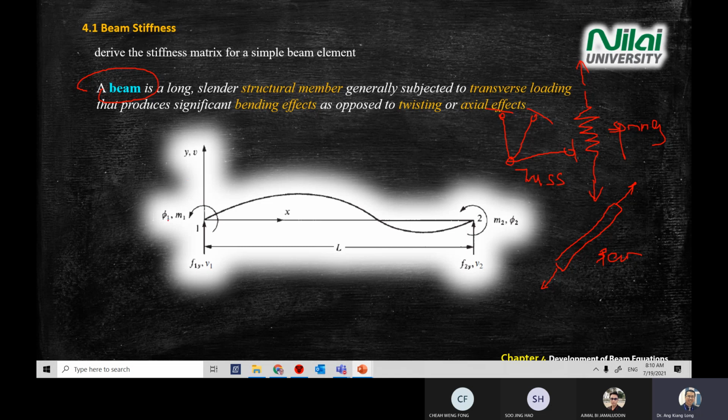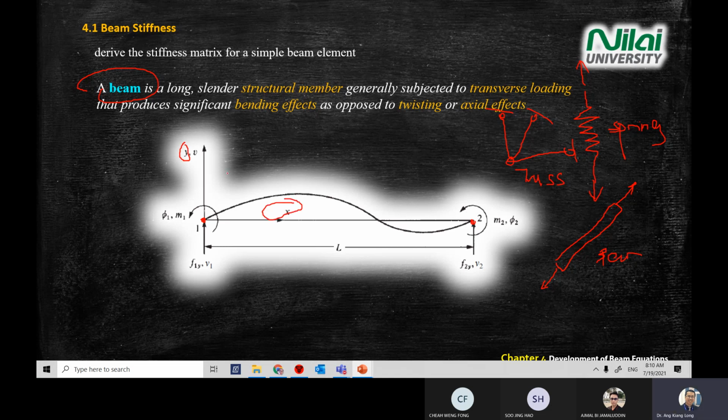As you can see from your diagram here, you will have a member or element that will change shape, and you have two nodes again, two points. Point 1, point 2. And then your axes will be y and x.